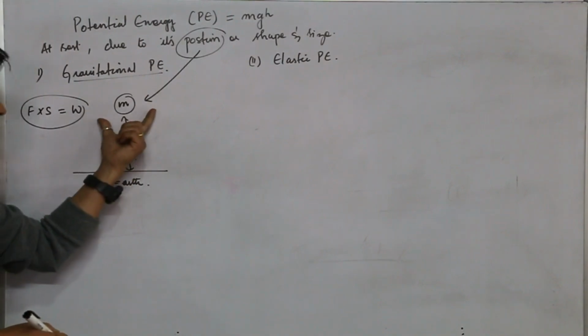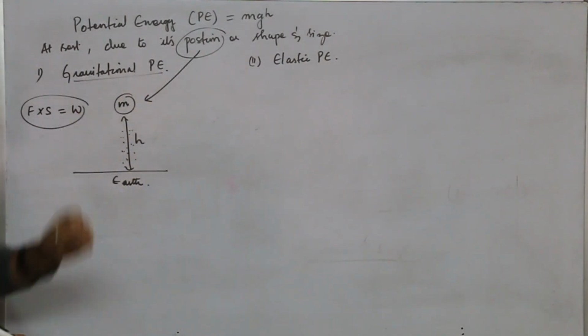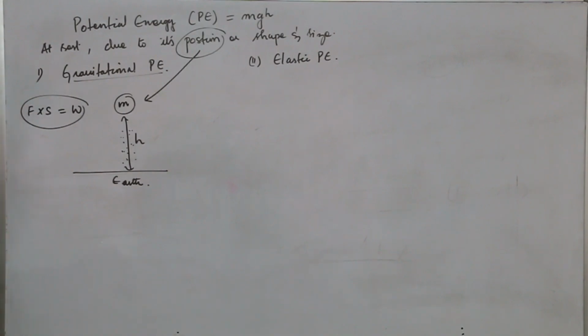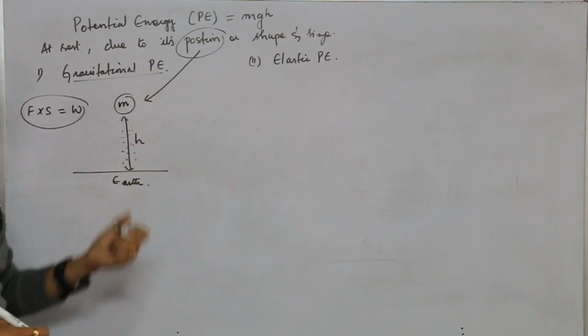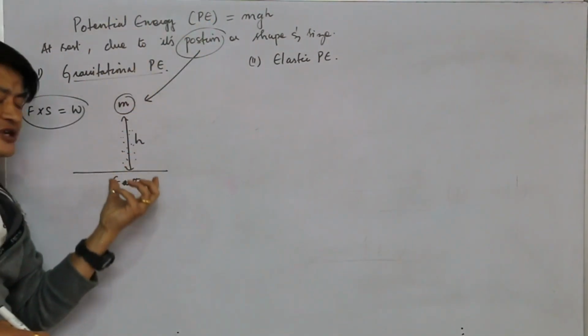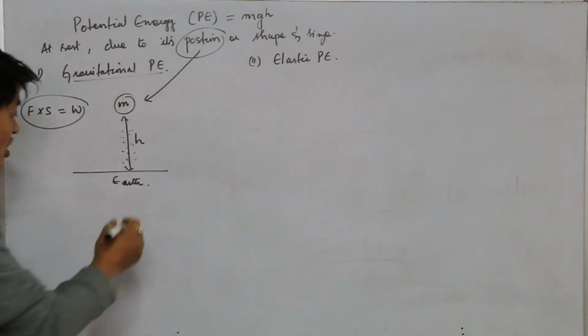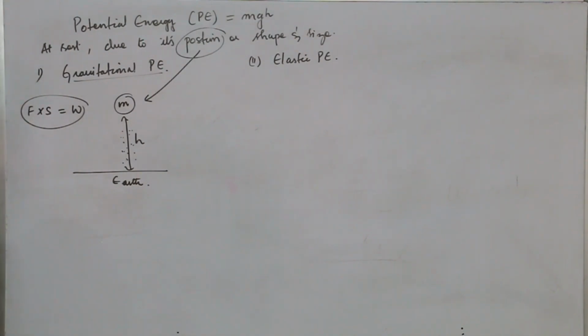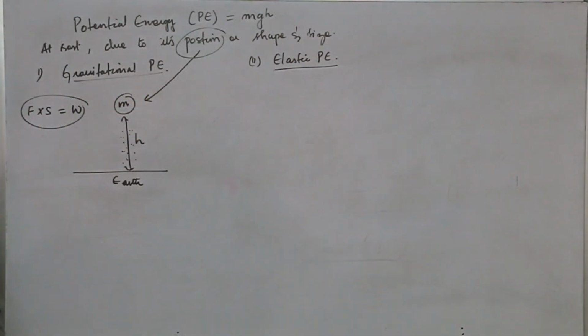The potential energy possessed by a body due to the force of gravity is called gravitational potential energy. Gravitational potential energy increases with height, but if we take this to infinity, then the gravitational potential energy will be zero. Also, when the body is on the earth's surface, at that time also gravitational potential energy will be zero. And next is your elastic potential energy.